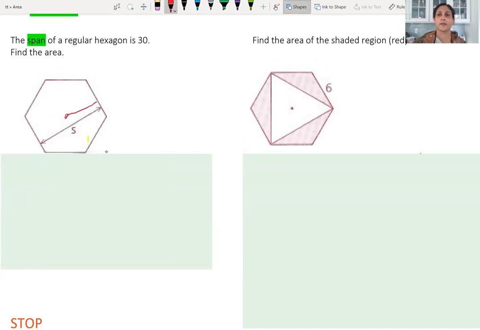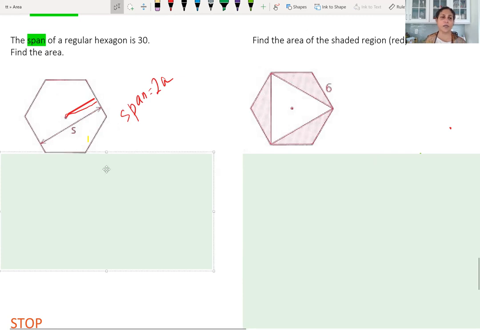So let me try this one better. Here we go. Okay. So that is the apothem. That means the span is equal to 2 times the apothem. So if you want to find the span, you have to find the apothem and multiply it by 2.